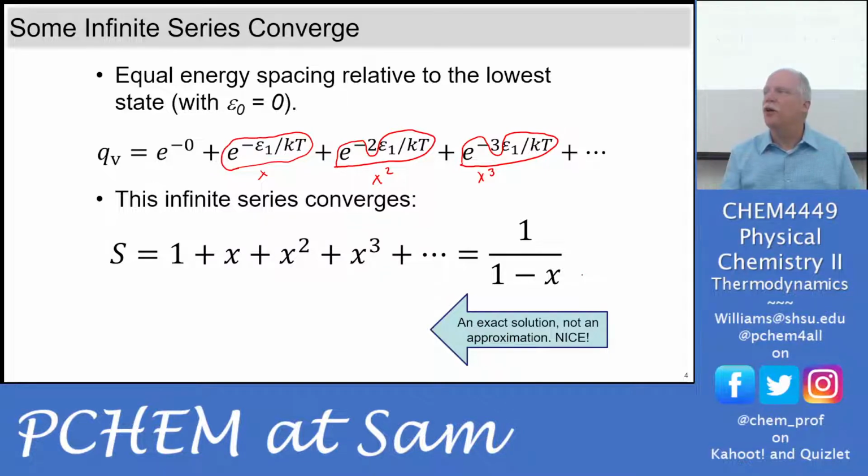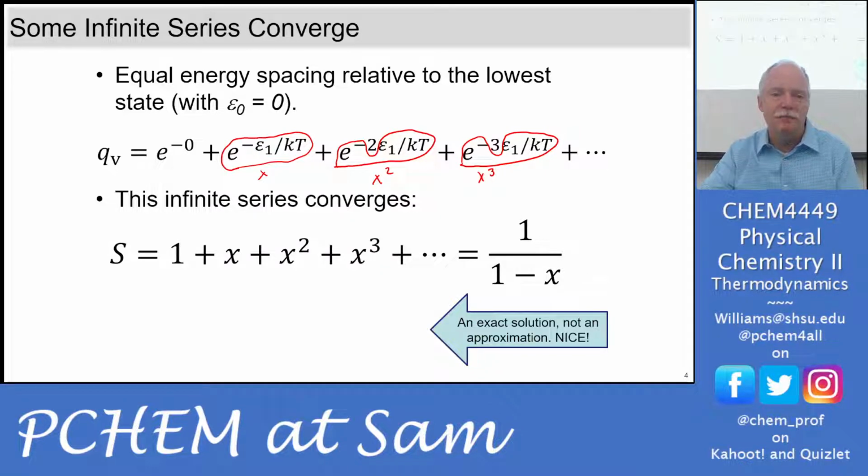What did we do for those to get out of having to sum an infinite number of terms? Do you remember what we did for those? We turned it into an integral. So this is an infinite sum that just happens to converge. So we don't have to assume that our energy spacing is infinitesimal compared to the amount of temperature we have and everything like that. So at least for vibrations, this is great.